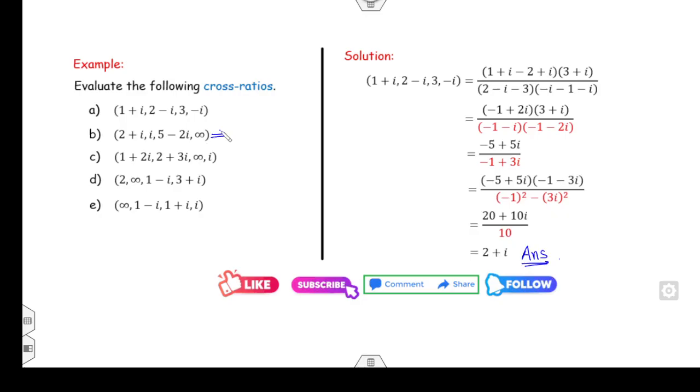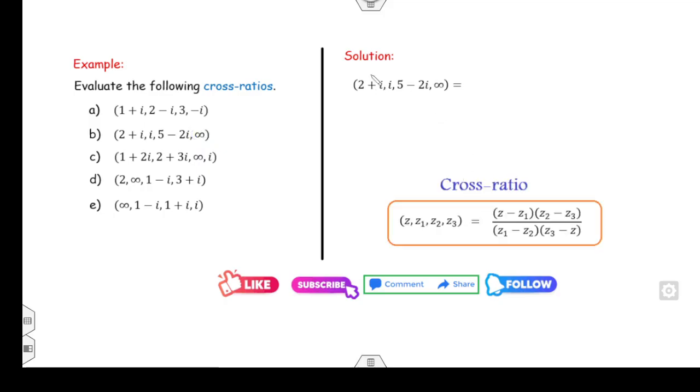Similarly for the second component, now it's my infinity. Fine. Then how you can write that? This number is my z. I can take it as z approaches infinity. I can replace this number as a z. So how you can write the cross ratio? The first number 2 plus iota minus iota. Fine. First number minus second.